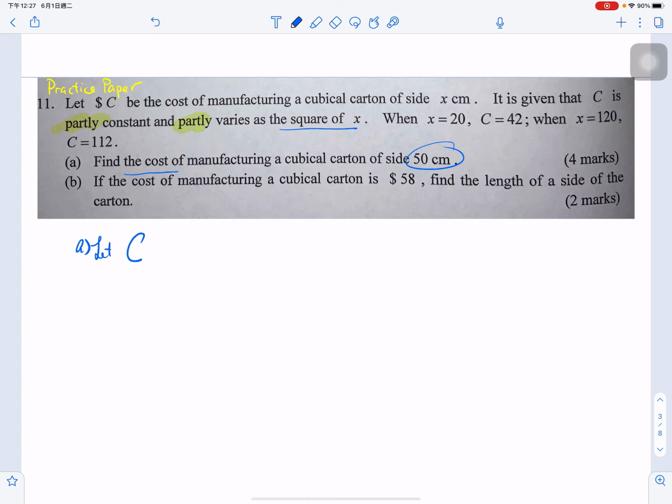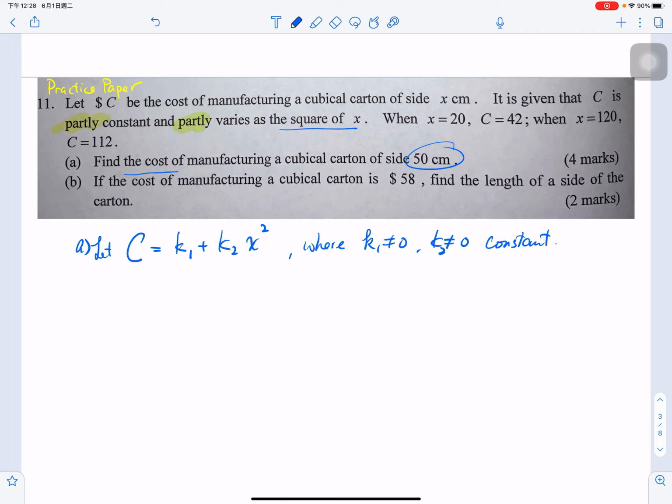So I let C equals K1 plus K2 x squared, right? Partly constant, I use K1, and partly varies as the square of x, direct variation, where K1 and K2 are non-zero constants.